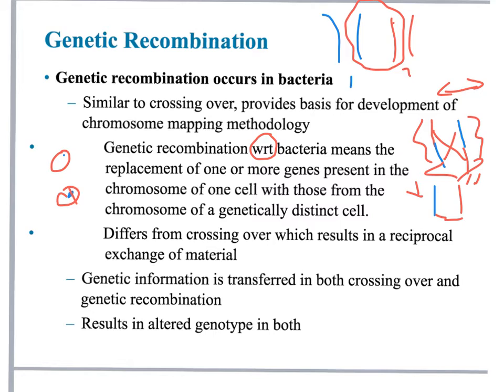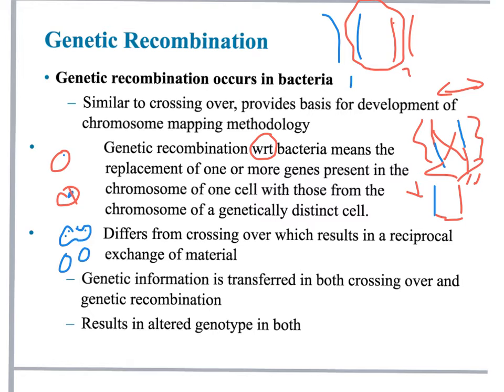Daughter cells aren't distinctly different yet. The donor cell doesn't gain anything. It's just losing some of its genetic material.